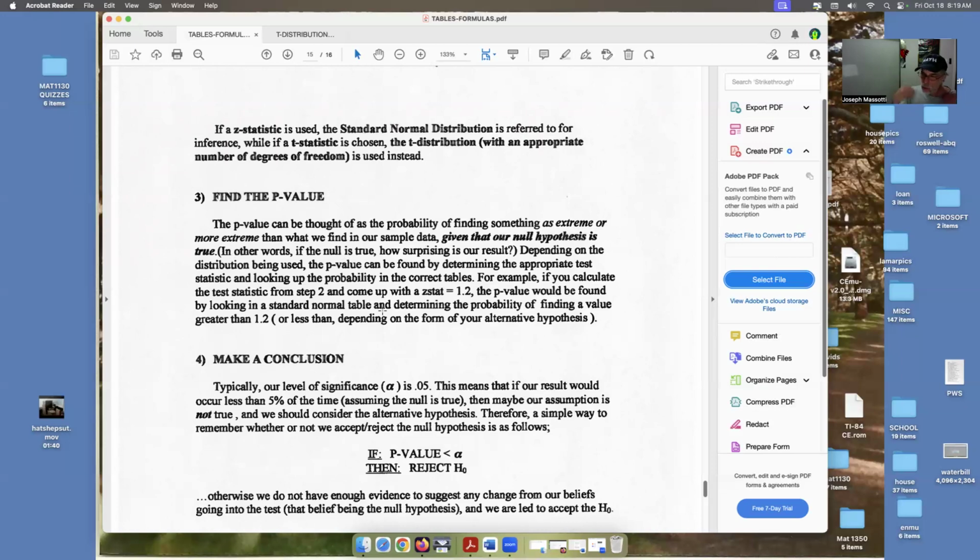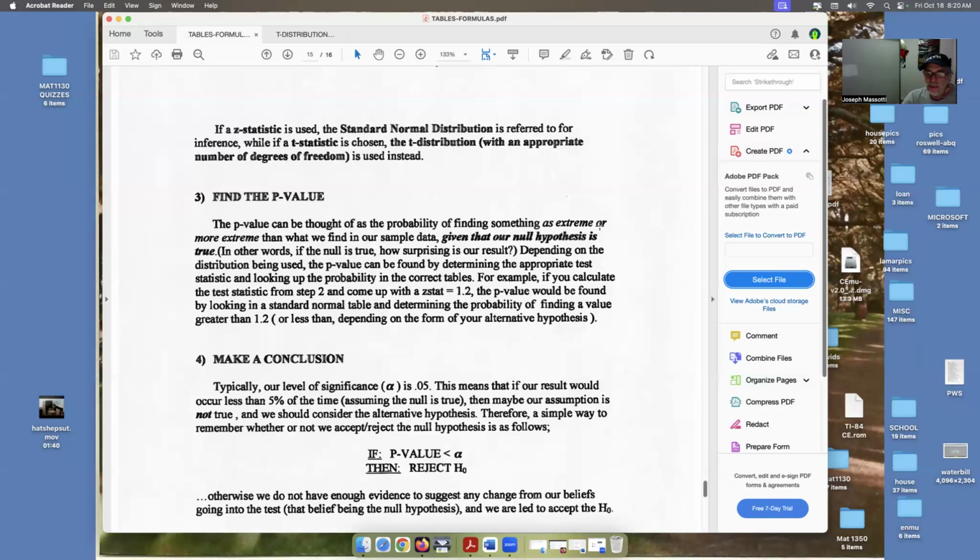We're going into the trial with a presumption of innocence. Okay? And now we look at the evidence. If the evidence says, well, there's a lot of evidence saying that this guy did commit that crime. There's tons of evidence. We got video, we got eyewitnesses, we got cameras all over the place. We can see it happening. So our null hypothesis doesn't make any sense given the evidence. So that's what's going to change our mind, right?